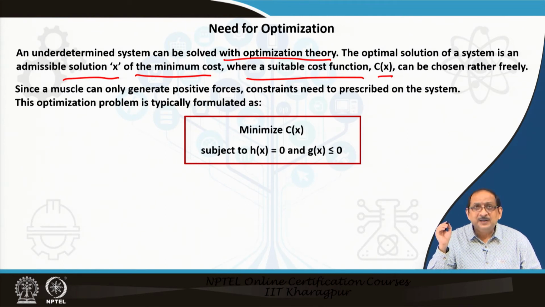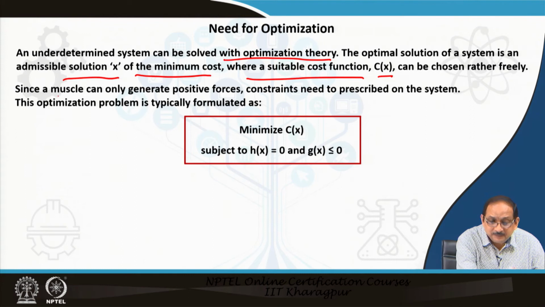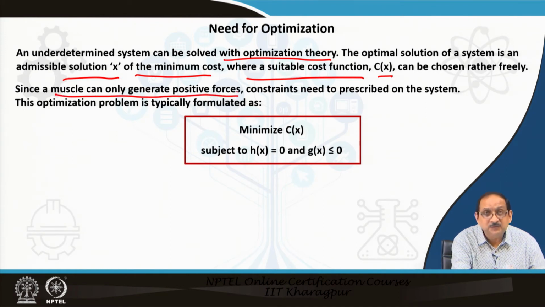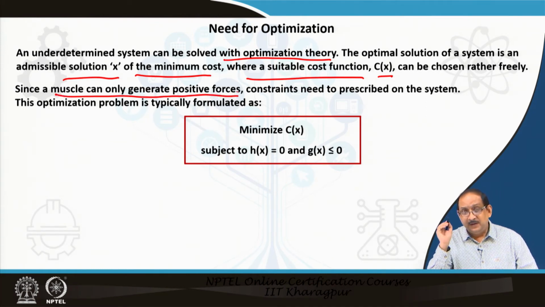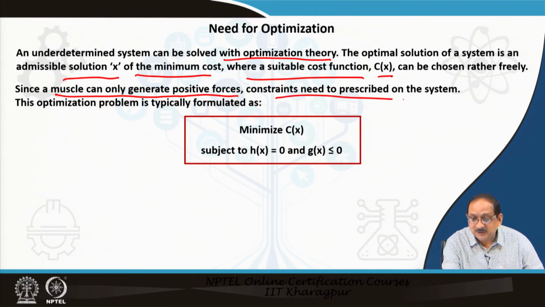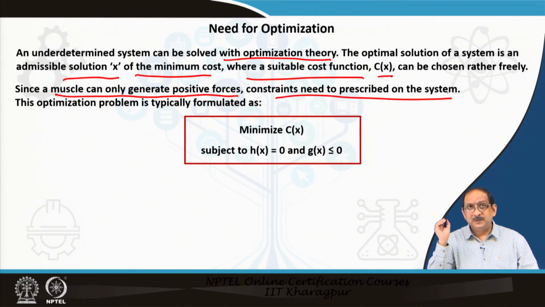Since a muscle can only generate positive forces, constraints need to be prescribed on the system.